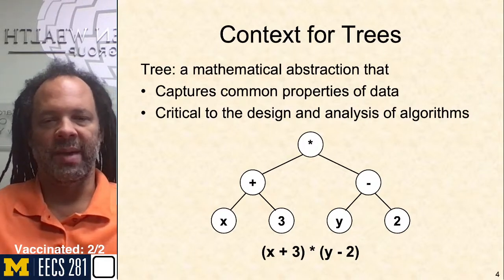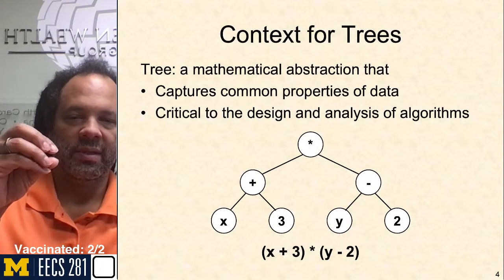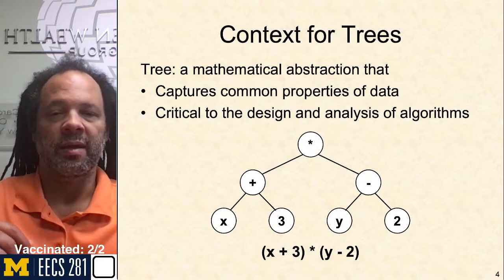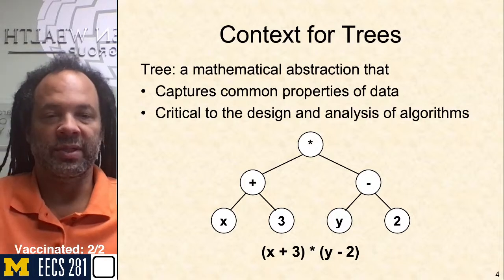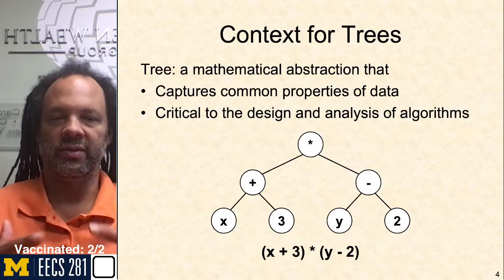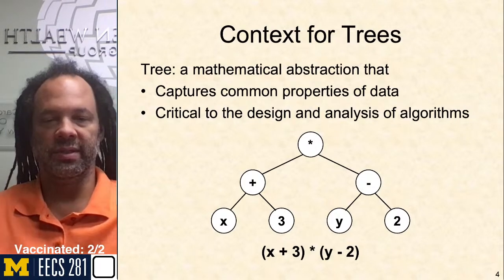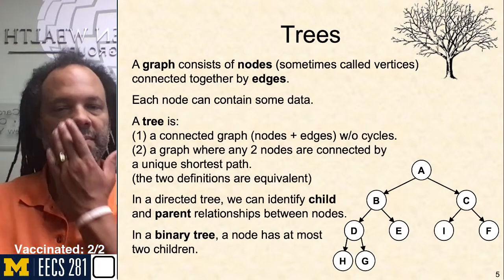And we've managed to put all of our operators with 2 children, so these are binary operators. The plus sign takes 2 things to add together, the minus sign takes something to subtract from something else, and the multiplication sign there multiplies 2 things. So this is a nice binary tree here. We call them binary trees because each node has no more than 2 children.